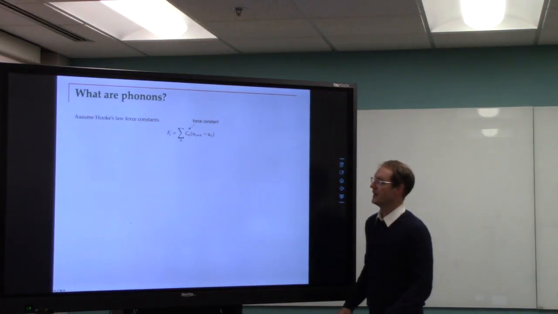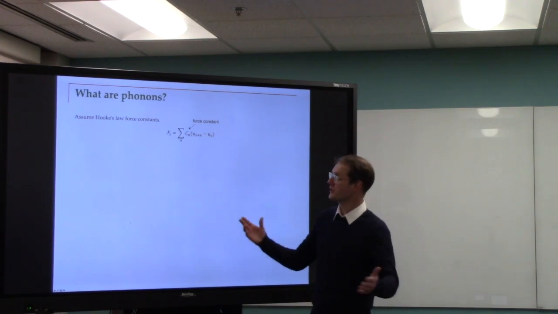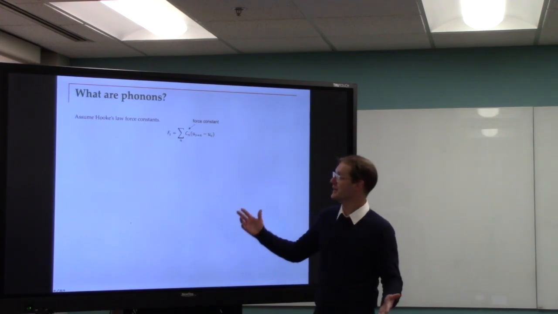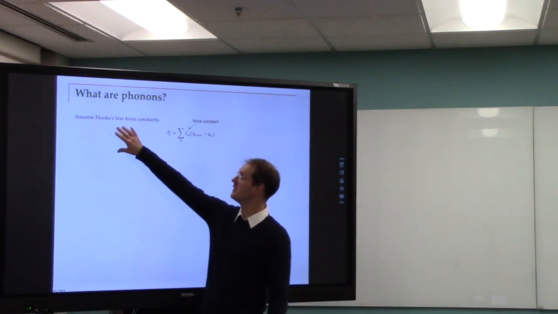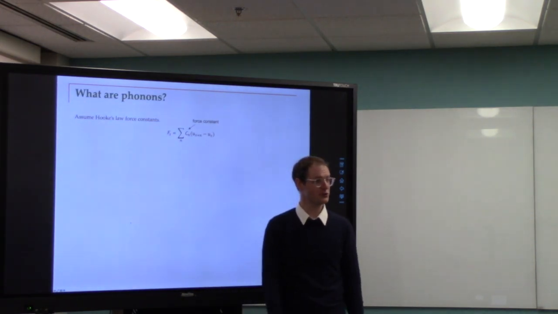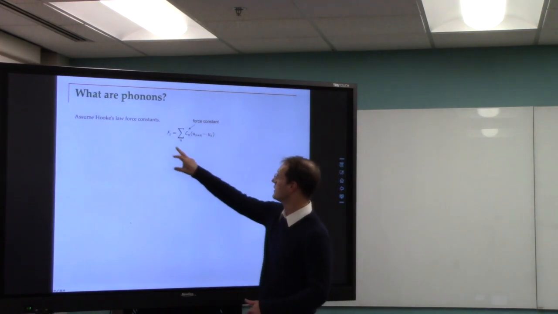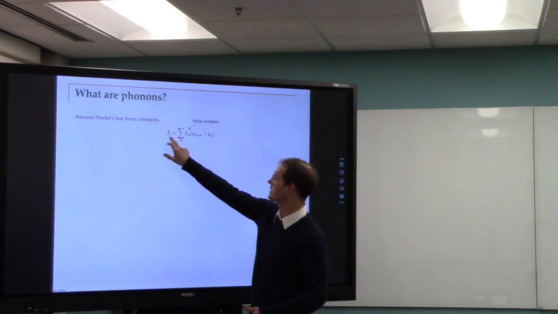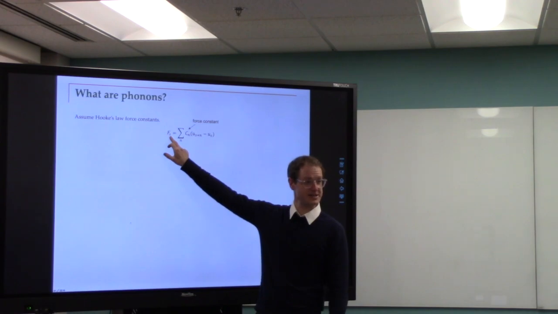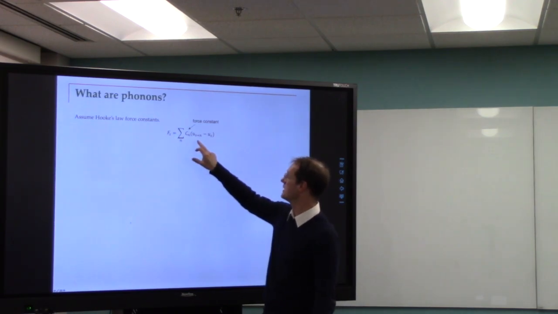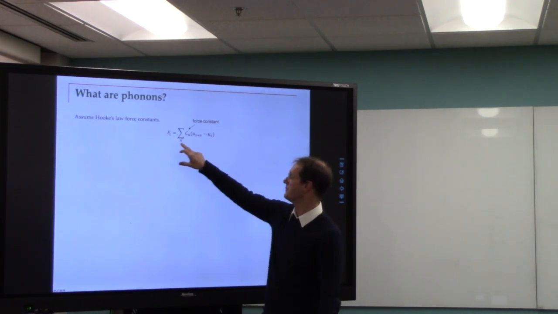And so the simplest way to treat vibrational motion is to assume a Hooke's law force constant. That's the same thing that we do when we treat normal mode vibration in molecules. The force on a particular atom at lattice position s can be written in this form.